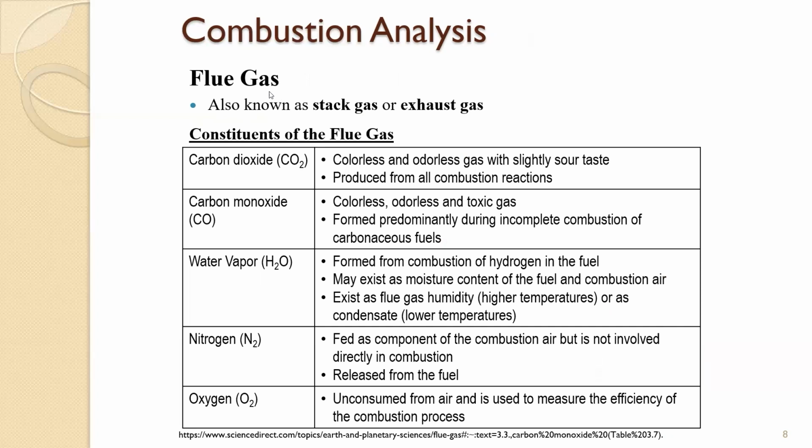So flue gas, what is flue gas? It's also known as the exhaust or the stack gas or the product gases. So constituents of the flue gas are CO2, CO, water vapor, nitrogen gas, and the unburned oxygen, yung unconsumed oxygen.